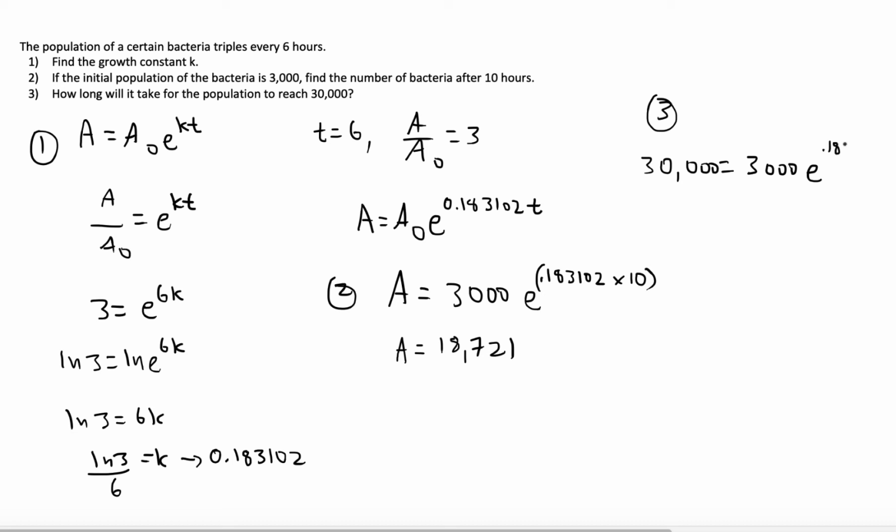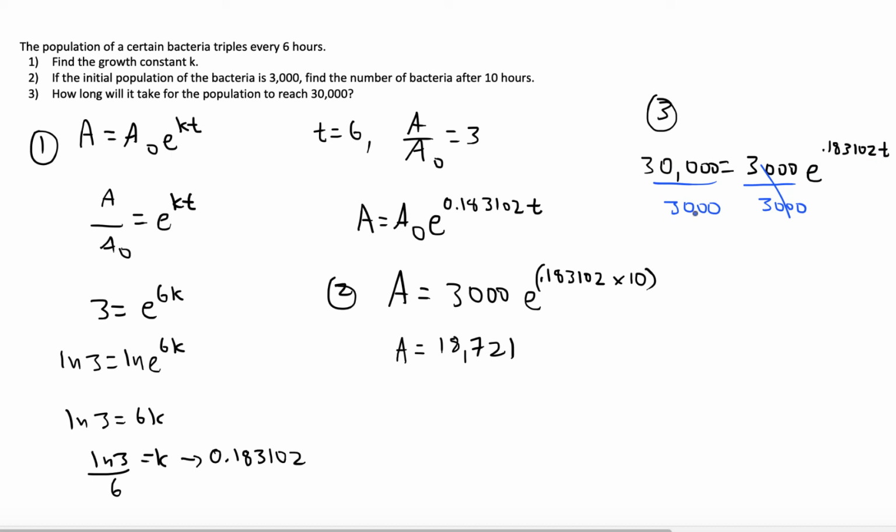Once again, we know what k is, times t. Notice we're solving for t here. Well, what should we do then? First thing we should do is divide both sides by 3,000. If we divide by 3,000, that's obviously going to cancel out on the right side. So we're left with e to the 0.183102 times t.